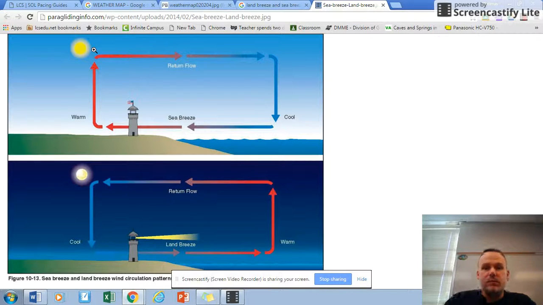So during the day, it's coming from the sea. That's why it's called a sea breeze. And at nighttime, a land breeze is coming from the land, and basically it flip-flops. The ground cools a lot quicker, and the water still holds onto that heat, because remember I told you that water can hold on to heat very well. And so here you have a low pressure, and here you have high pressure.